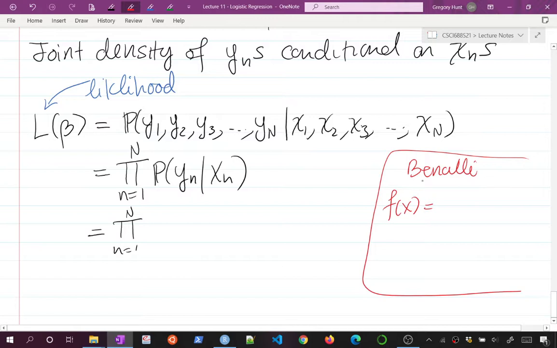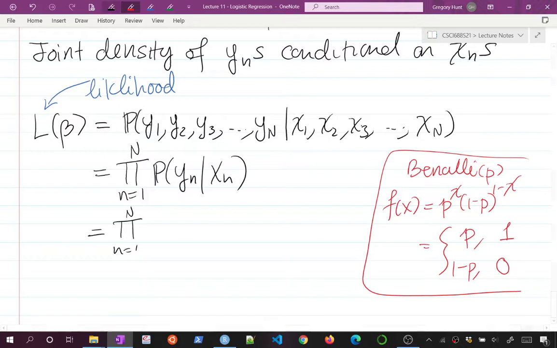If x is Bernoulli with p, our PDF is p to the x times 1 minus p to the 1 minus x. That's the slick way of writing it. Notice when x is 0, you get 1 minus p, and when x is 1, you get p, so it's equivalent to the more traditional way of saying that the PDF is p for x is 1 and 1 minus p when x is 0.